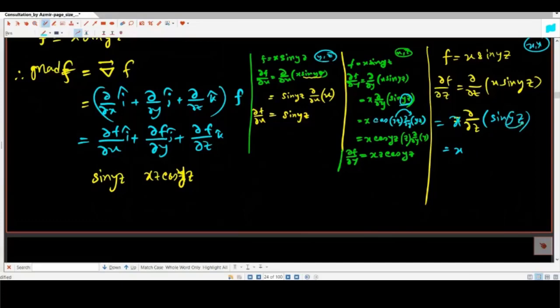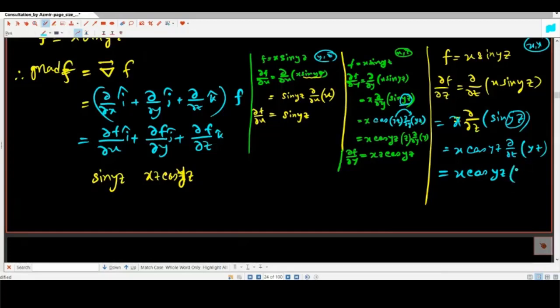Now let's consider this is z. So the differentiation of sine z is cosine z. The term that we have considered, we have to differentiate that term again. So we have x cosine yz times d/dz of yz.